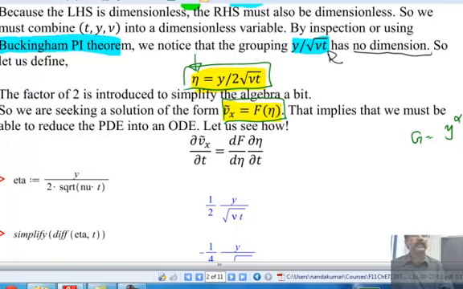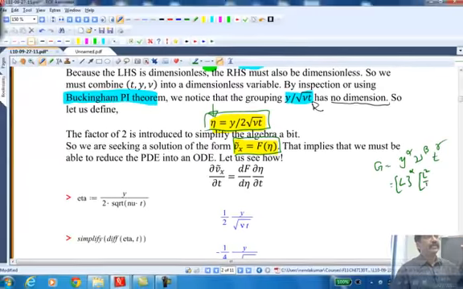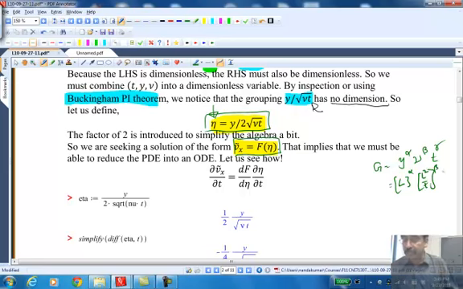Alpha, beta, and gamma are unknown numbers that I need to find out. Then I express each one of them in terms of dimensions. This is a quick review of what the Buckingham pi theorem is. y is simply length, nu is length square over time, to the beta, and time is time itself, to the gamma.